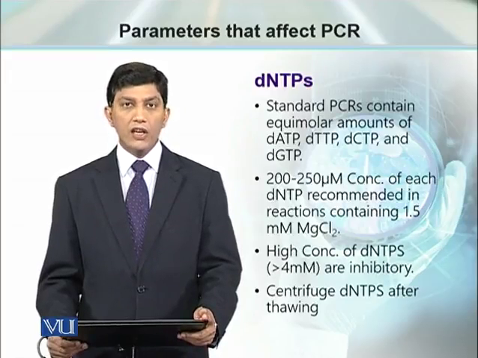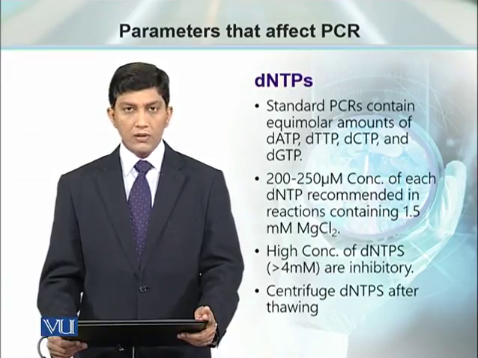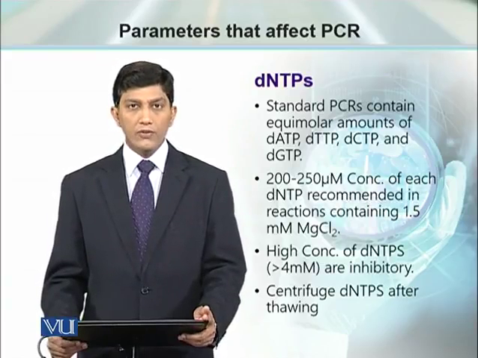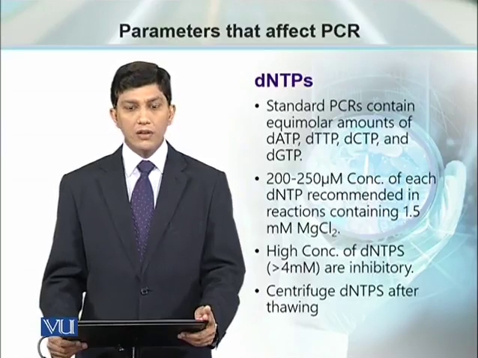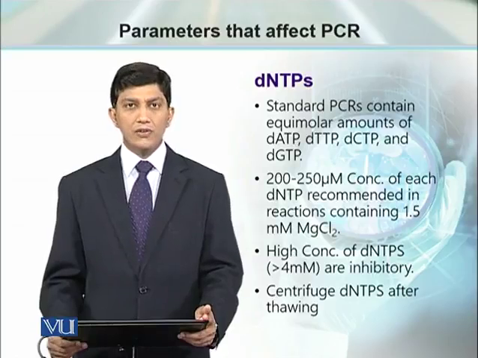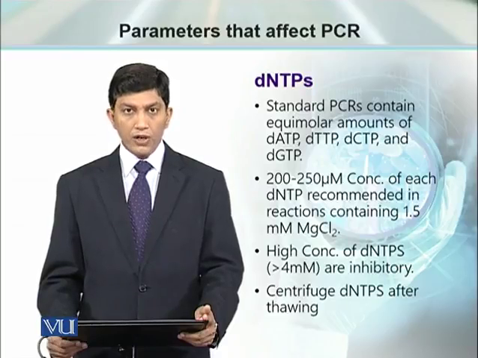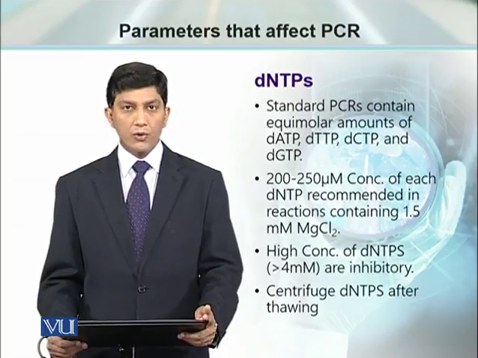The building blocks of DNA, dNTPs, are required. dNTPs include all the 4 nucleotides: dATP, dGTP, dTTP and dCTP. They are required again in a specific concentration, up to 250 micromolar, in the presence of 1.5 millimolar magnesium chloride.